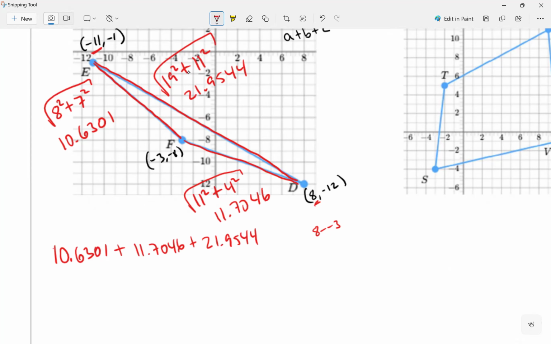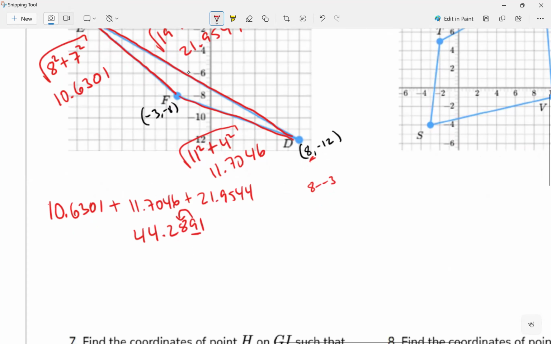And I get 44.2891. Okay, they said two decimal places, right? So let me take a look at the third decimal number, which happens to be a 9. This 9 is big enough, so it pushes the previous number. So it means that 8 is going to become a 9. So my answer is 44.29. My perimeter of this triangle is 44.29.